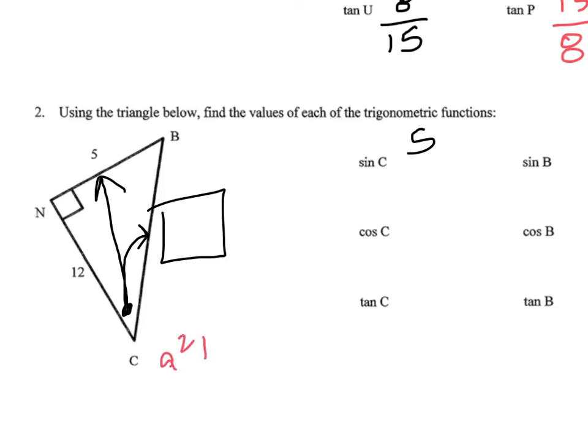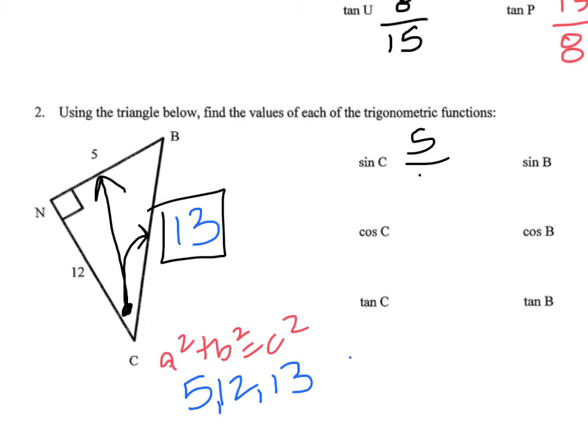We could either do the Pythagorean theorem, or we could realize that this is a 5, 12, 13 triplet. You're welcome for making you memorize them. So the sine is the opposite, which is 5 over 13 for angle C. The cosine is adjacent over hypotenuse, and the tangent is opposite over adjacent.